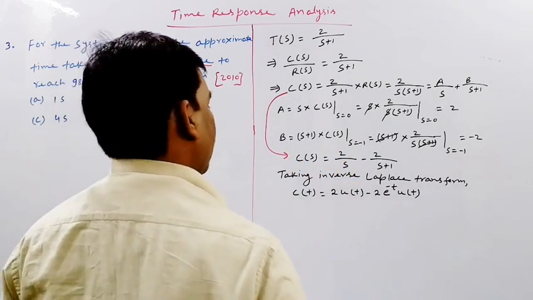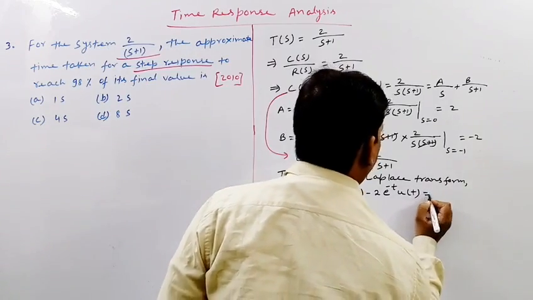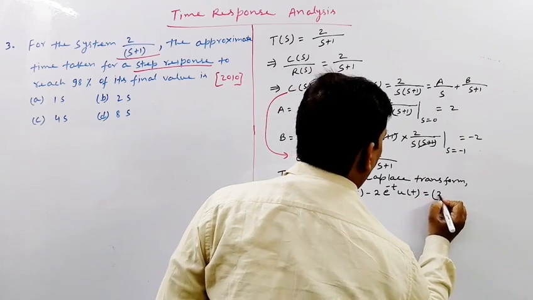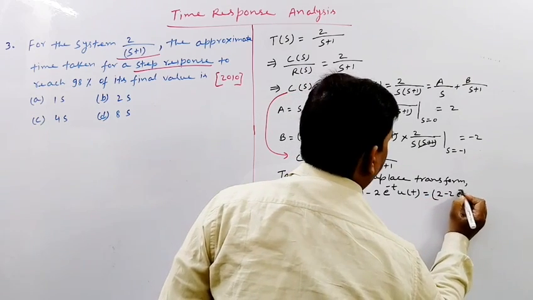Now if we take u(t) as common, then c(t) equals (2 minus 2e to the power minus t) u(t).